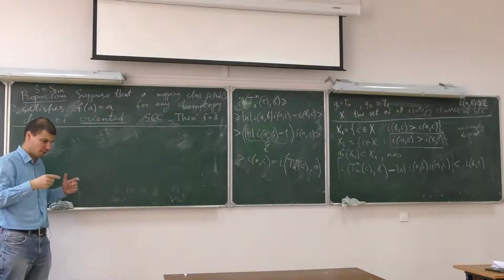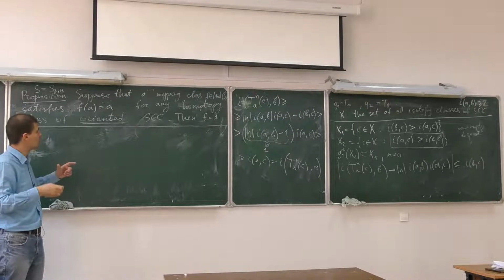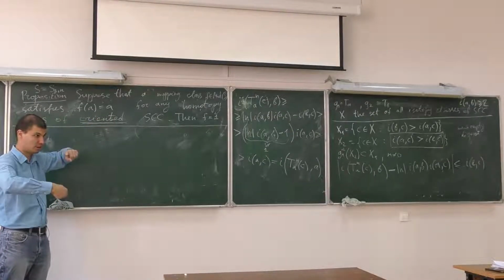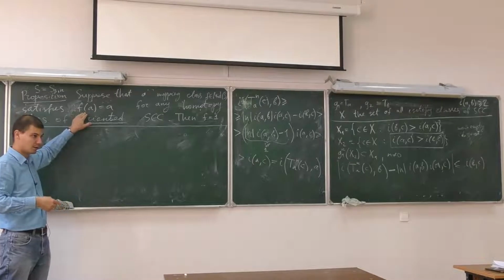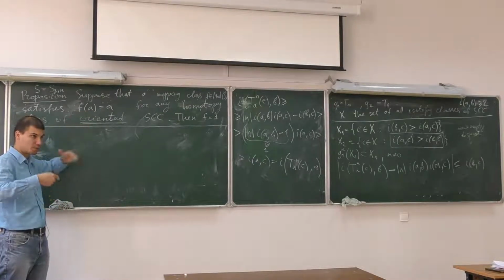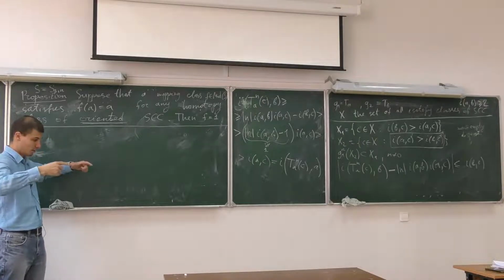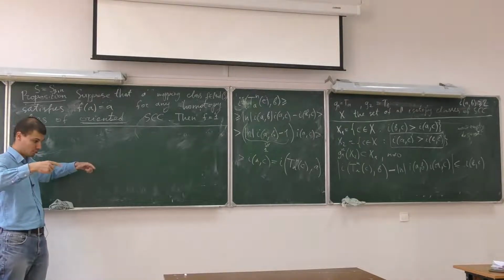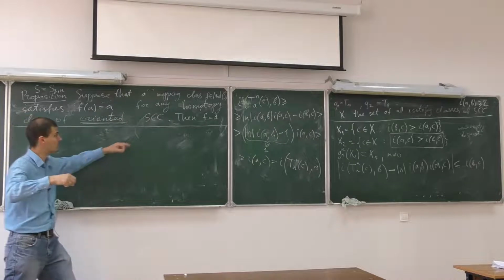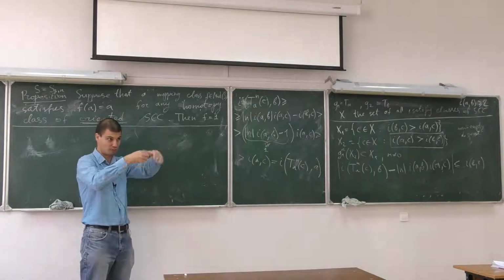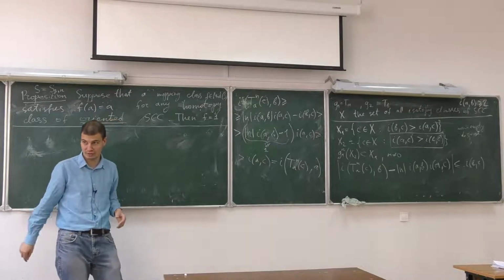What does it mean? It means that if I consider a curve with orientation, then after applying a mapping class, we again get a curve with orientation. These two curves must be homotopic as oriented curves, so the homotopy must regard the orientation.